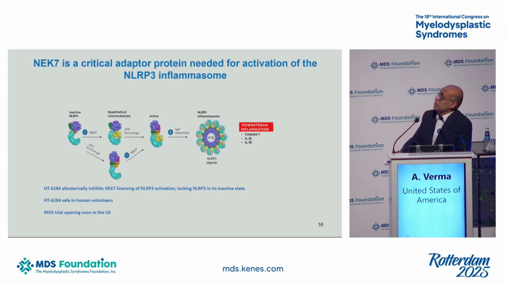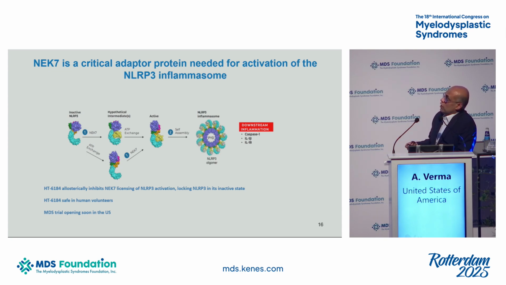The inhibitor that we then used was a slightly unconventional way of inhibiting NLRP3. So there is a protein, NEK7, that is an essential adapter for the assembly of the NLRP3 inflammasome. And a company, Halia Therapeutics, developed an allosteric small molecule inhibitor that binds to NEK7 and disables the assembly of NEK7 into the NLRP3 inflammasome.